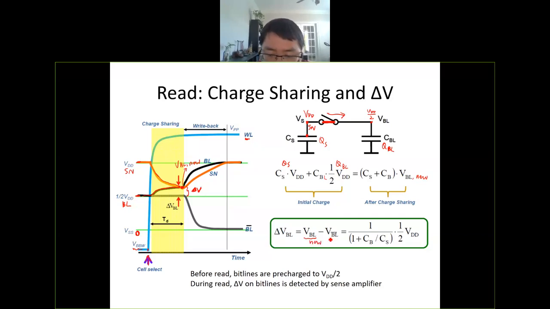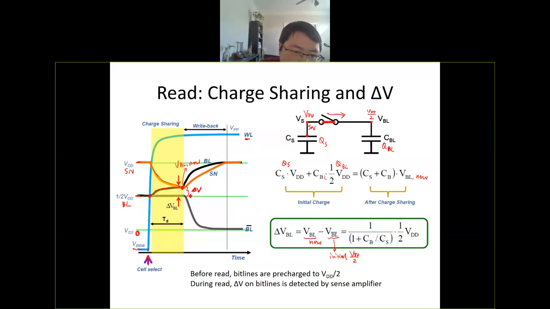And then you can subtract from this VBL new the initial VBL, which is half VDD. So you use this VBL new minus the initial VBL. Basically, you are going to use this point minus this point.